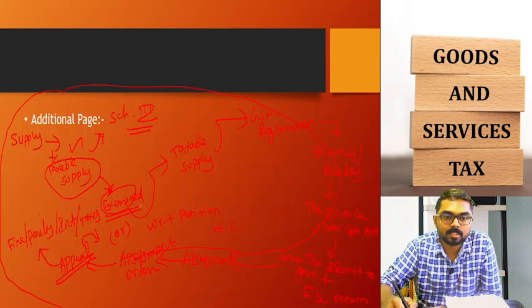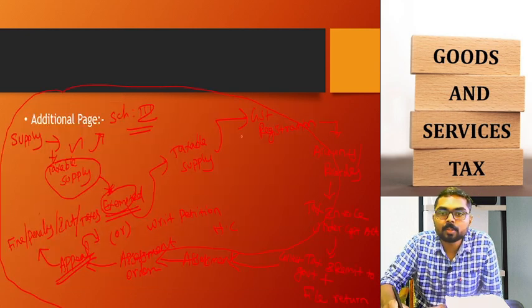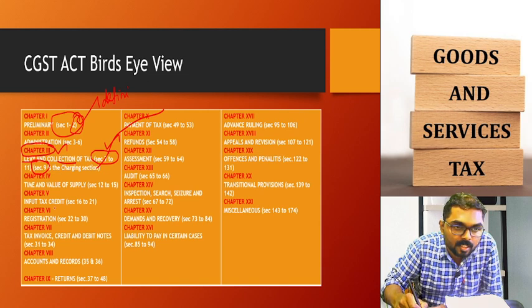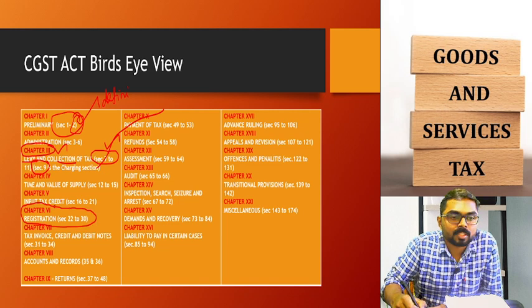Then what we discussed: if he is doing taxable supply, he needs to get GST registration done. Registration related provisions they have given in chapter number 6, section 22 to 30.